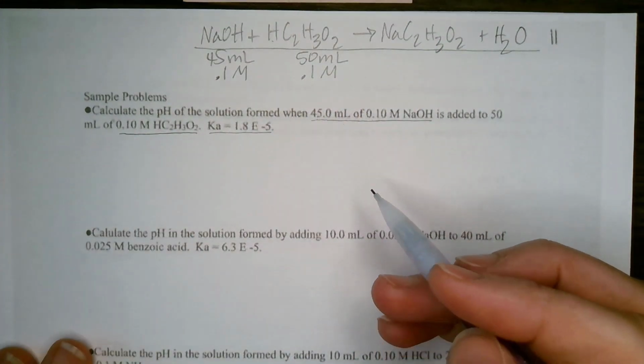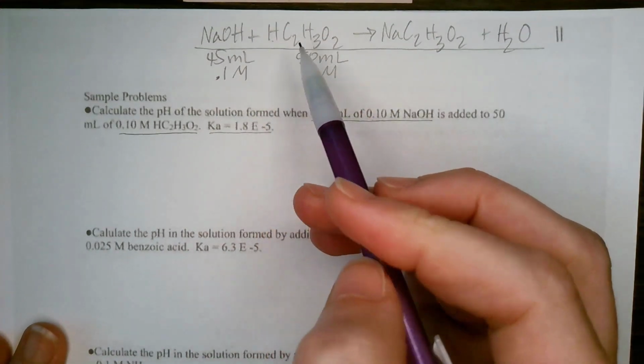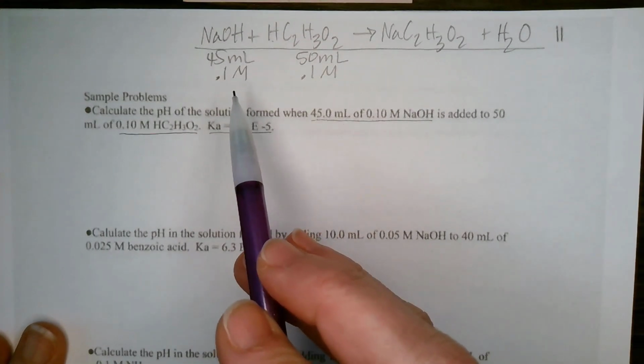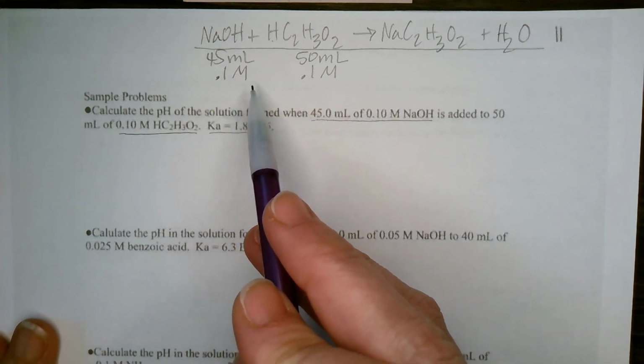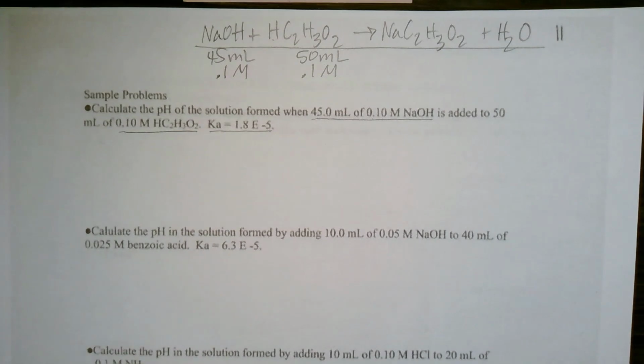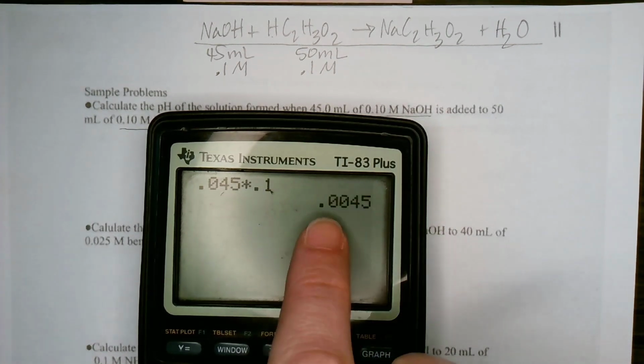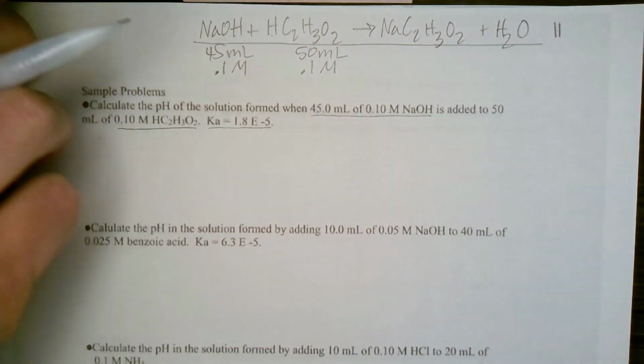So let's change this into moles. Again, we want to look at the stoichiometry. If it was a 1-to-1 molar solution, that would be fantastic. So we're going to change milliliters into liters, so 45 divided by 1,000 gives me 0.045. 0.045 times the molarity should give me moles, 0.0045 moles.